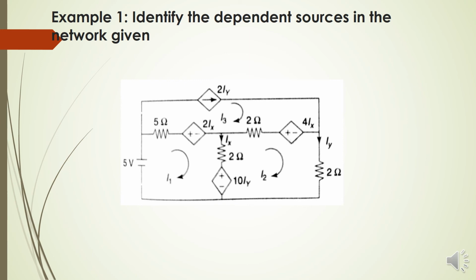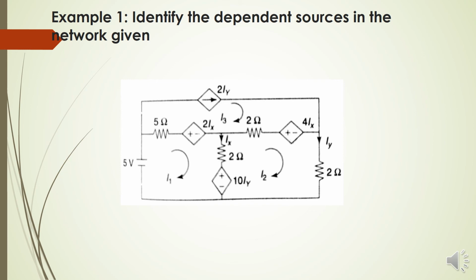When we go to mesh 2, again there is one diamond shape with plus minus polarity, meaning it is a voltage source, but its value depends on the current Ix. So it is a current controlled voltage source.